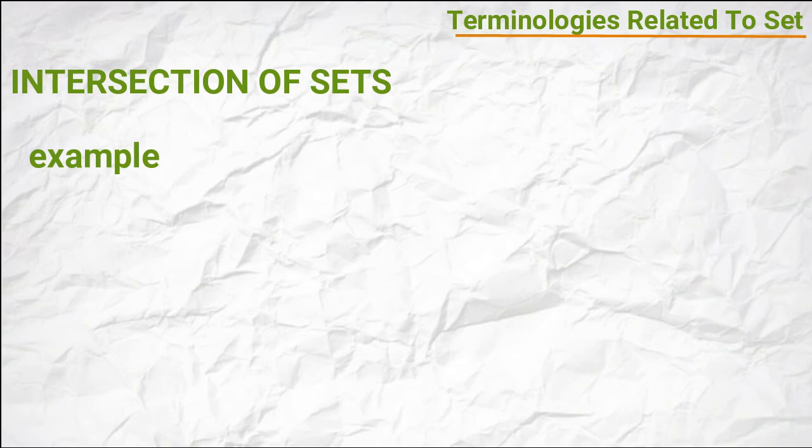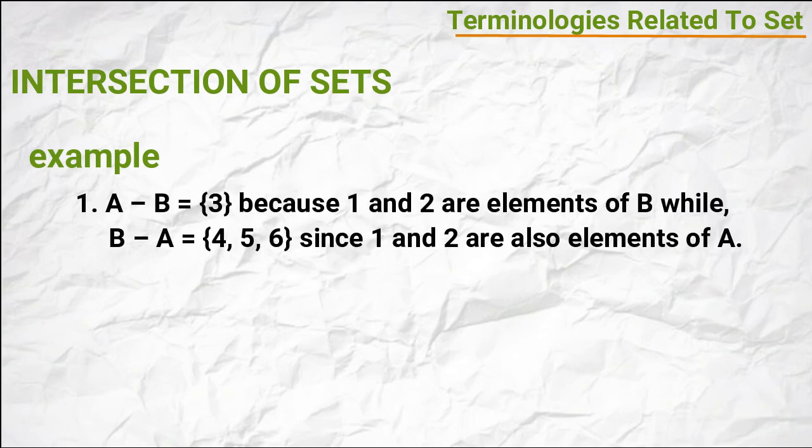Example. In example 1, A minus B is equal to {3} because 1 and 2 are elements of B, while B minus A is equal to {4, 5, 6}, since 1 and 2 are also elements of A.